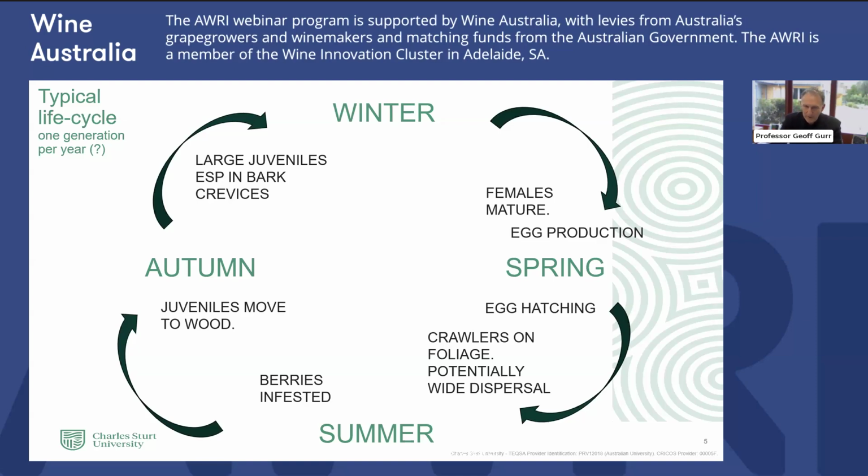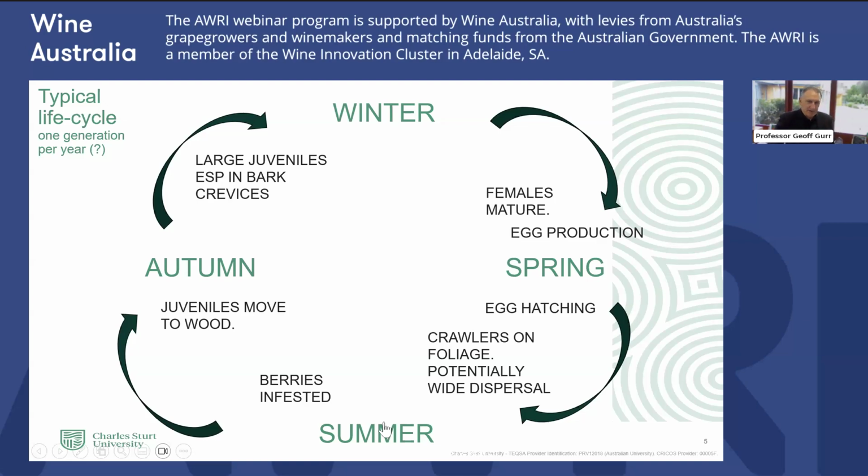And so keep in mind that managing scale insects is not necessarily a very local field by field or block by block exercise, because these crawlers could blow in at that stage of the year from other locations.